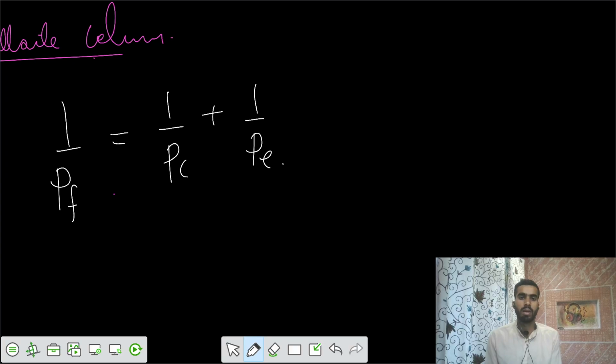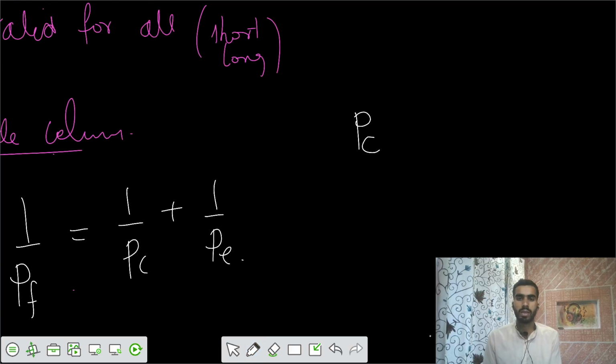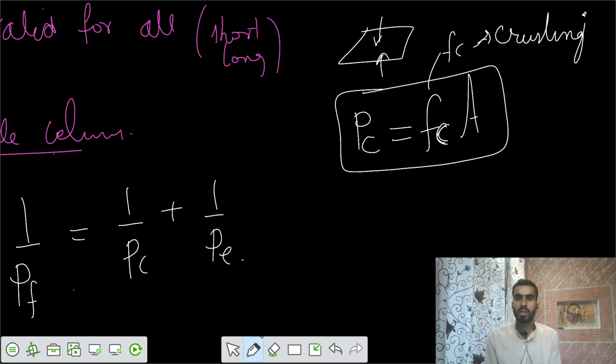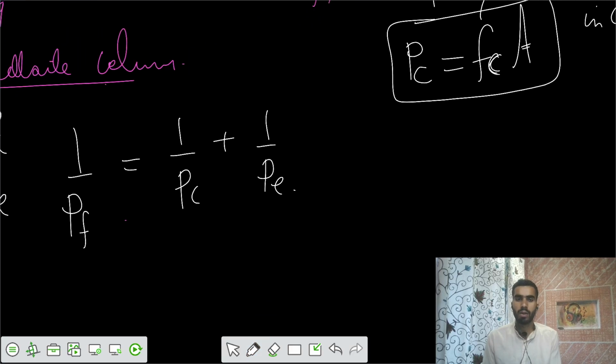1 by P Euler's. And I know that crushing, how do you crush something? So that means there should be some compression test, there should be some crushing stress or crushing strength, and if you have the area of cross section, that would give you the crushing load, where FC is crushing stress, crushing strength in compression, and you have the area of cross section A. So your PC we can call as the crushing load.